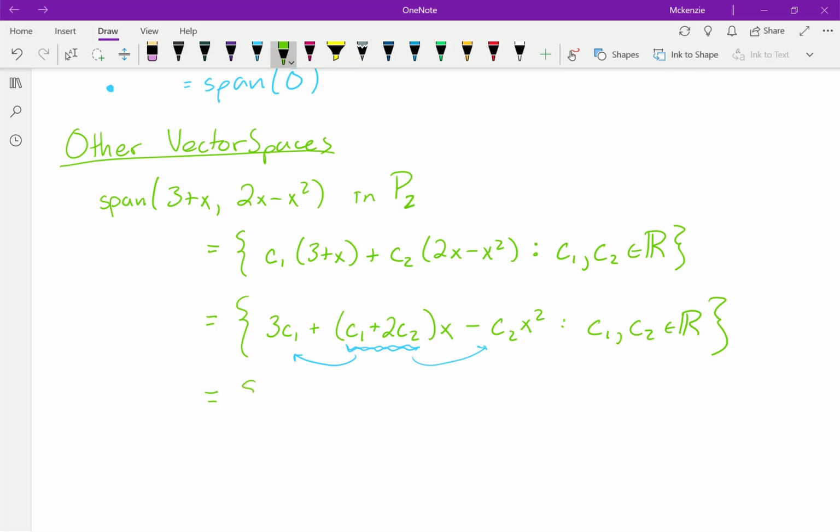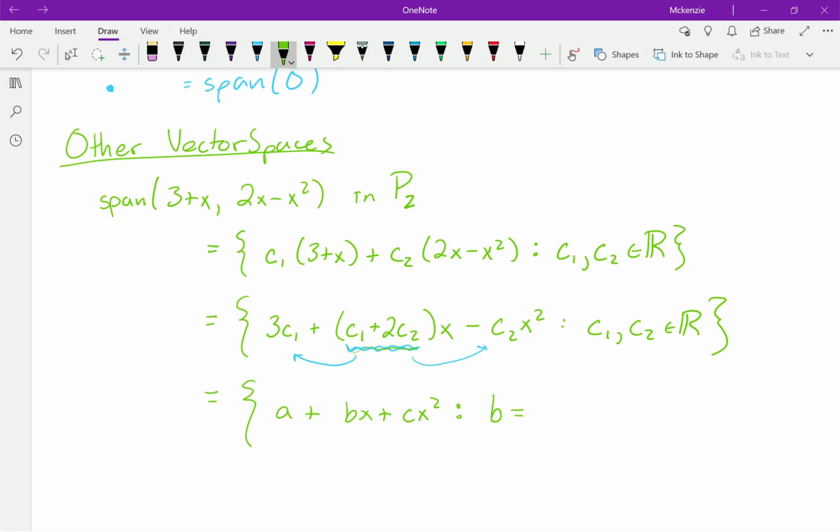Well, we could write this as a plus bx plus cx squared, that's a generic polynomial, such that b, well, what's the relationship between b, the x coefficient, and the constant term and the x squared coefficient?